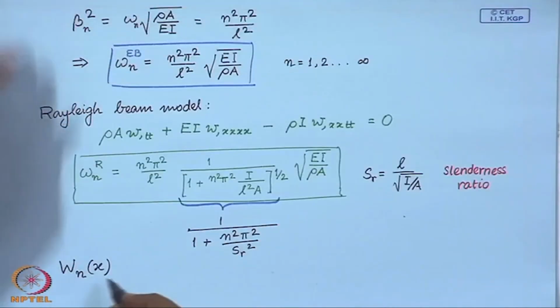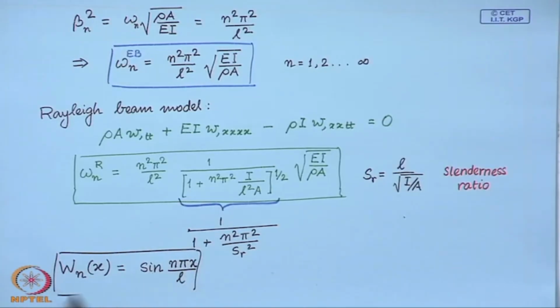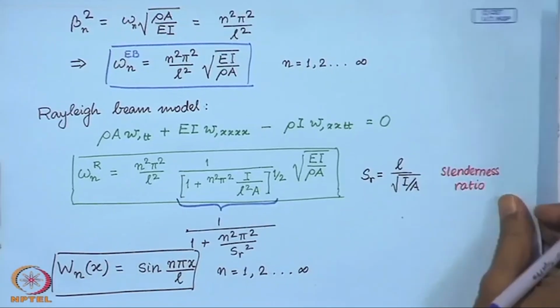Therefore, the eigenfunctions will all be sine functions. These are the eigenfunctions, and they are the same as for the string. So, let us look at these eigenfunctions.